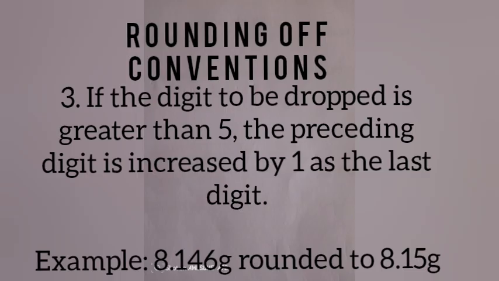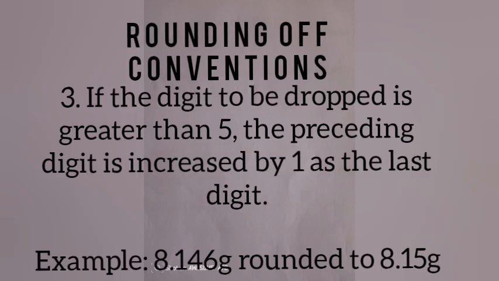Now, rule number 3. If the digit to be dropped is greater than 5, the preceding digit is increased by 1 as the last digit. Now, what does this imply?